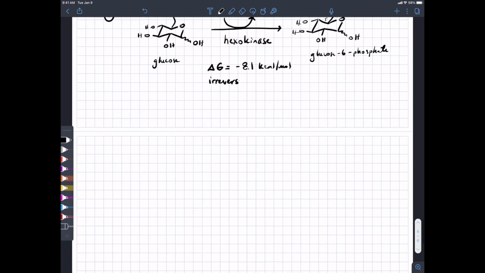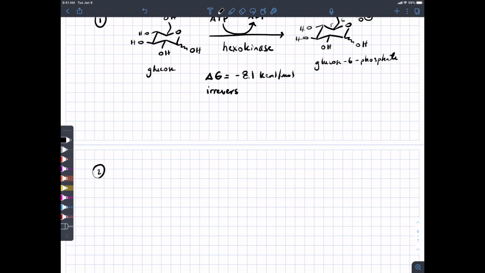The next step is an isomerization step. We're going to take glucose 6-phosphate, and I'm going to just abbreviate the phosphate group like this.